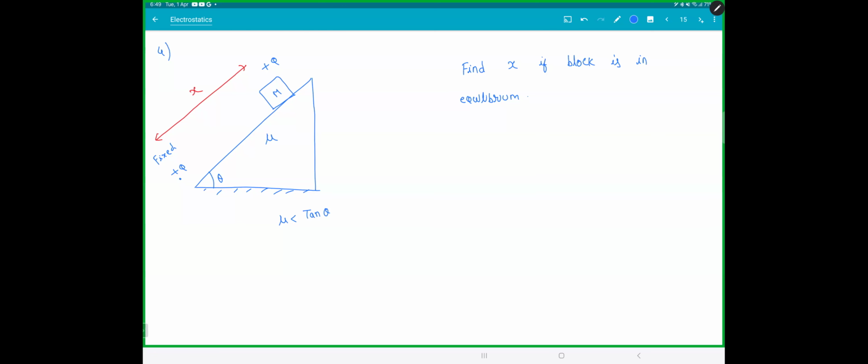And you have seen a similar problem, not based on repulsion. There are infinite answers. X can take any value. That doesn't make sense. So I'll put x at infinity. Then, just because it's infinite answers doesn't mean any value.